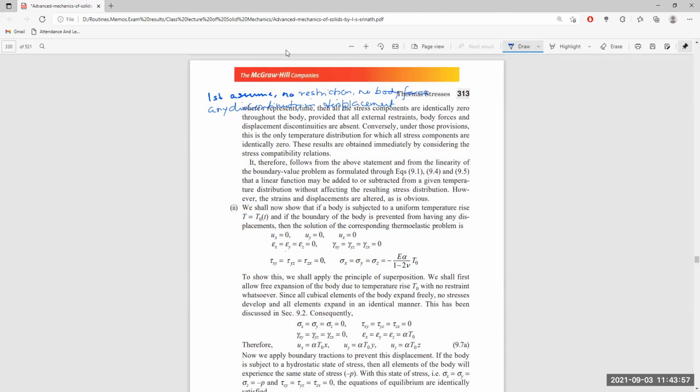Conversely, under this condition, there is only a temperature distribution for which all stress components are identically zero.